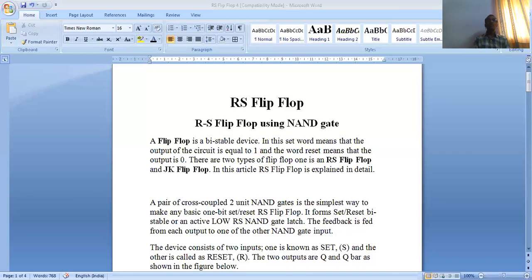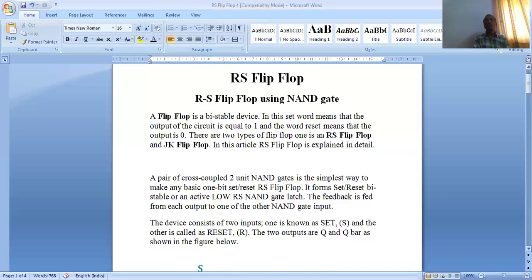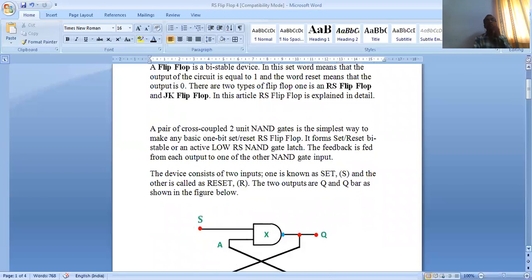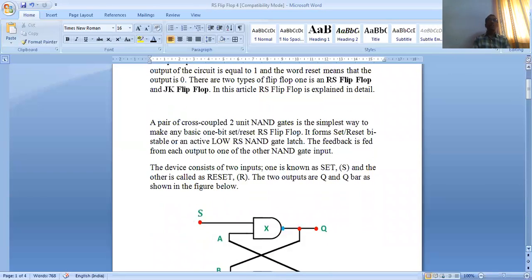That's why it is called NOT-AND, NAND; for short, NOT is written as a single N. Okay, we are going to see the working of the RS flip-flop using NAND gate.